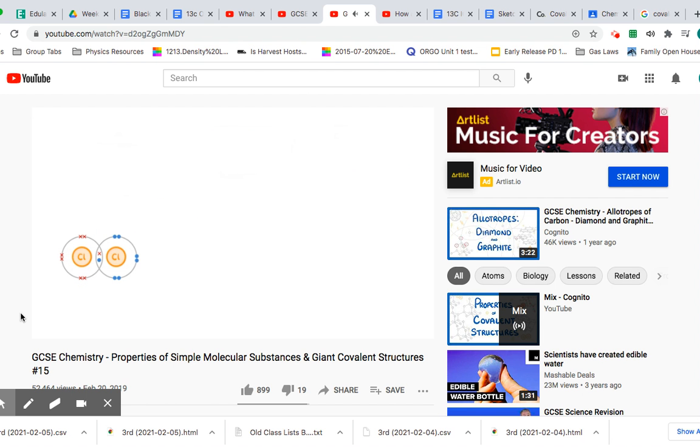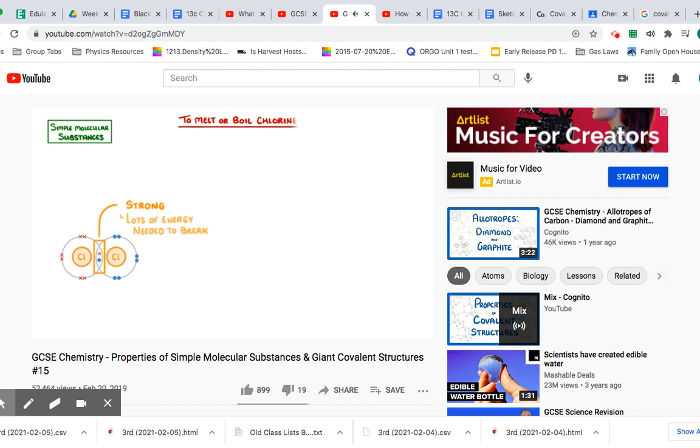Now, the first thing to know is that covalent bonds are really strong, which means that a lot of energy is going to be needed to break apart any atoms that are covalently bonded to each other. So if we consider a simple molecular substance like chlorine, the atoms within each molecule will be strongly bonded together.